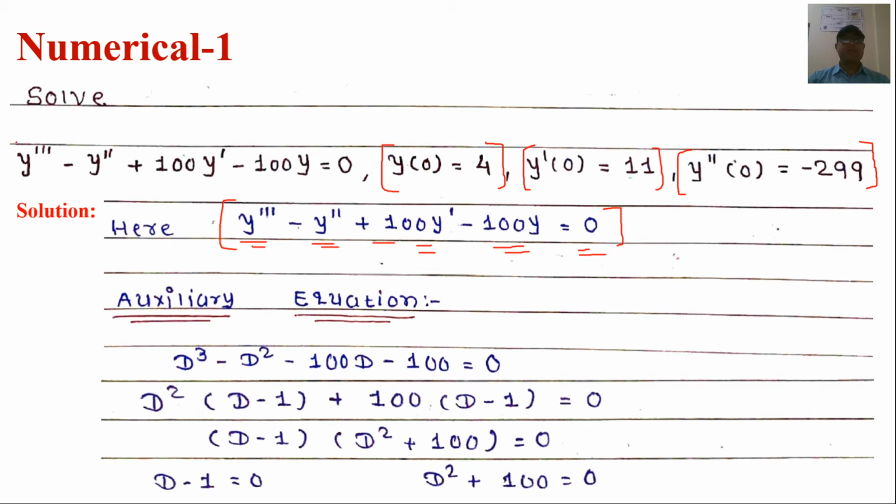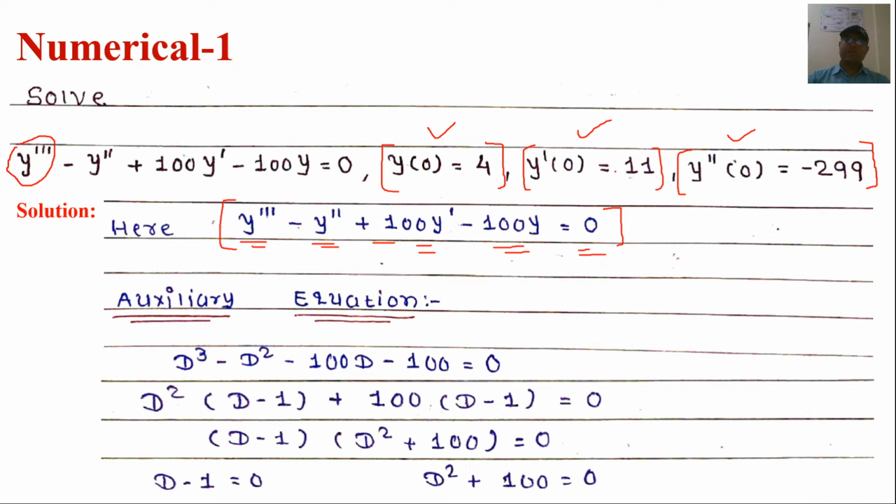Now here you can observe that the order of the differential equation is 3. So the solution of this differential equation contains three arbitrary constants. To find the values of the three arbitrary constants, we need three conditions. So three conditions are given.